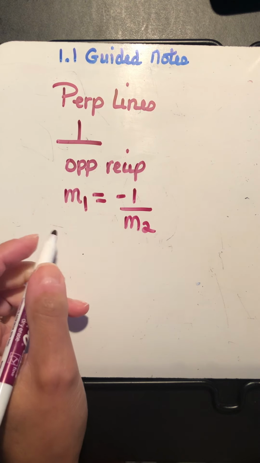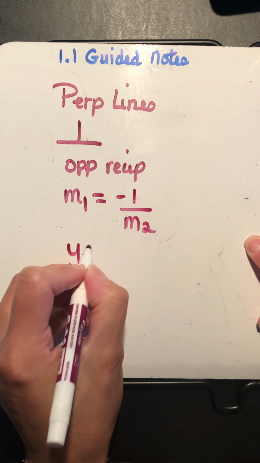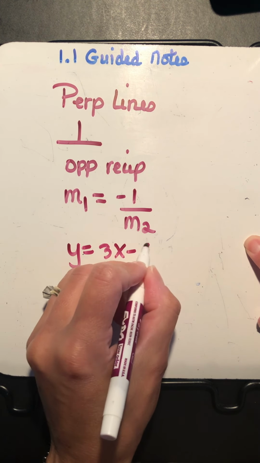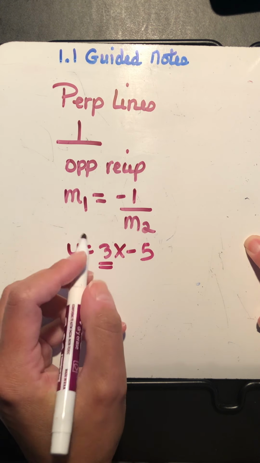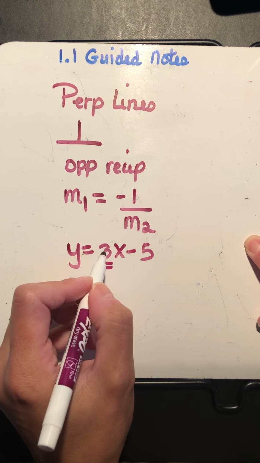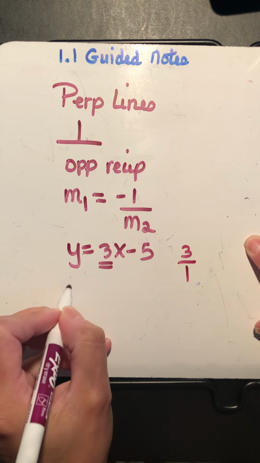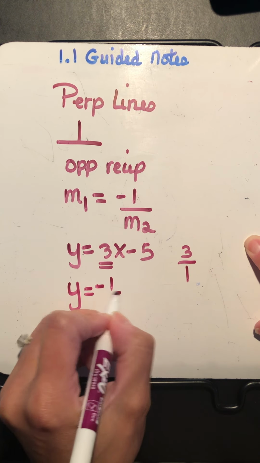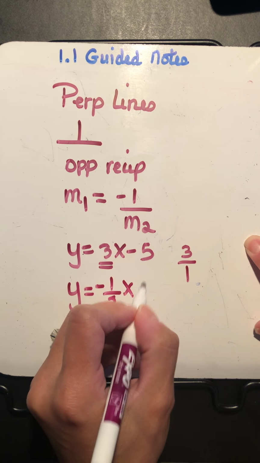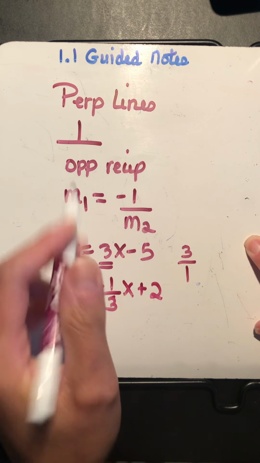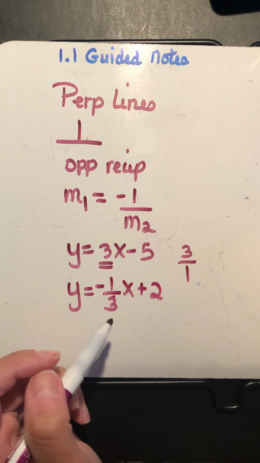And to give a concrete example, let's say I have y equals 3x minus 5, right? Well, the slope of a perpendicular line, the opposite reciprocal of 3 over 1, which is my current slope, is negative 1 over 3. And it doesn't matter what the y-intercept is. So perpendicular lines are opposite reciprocals.